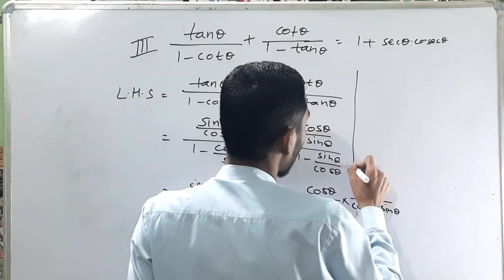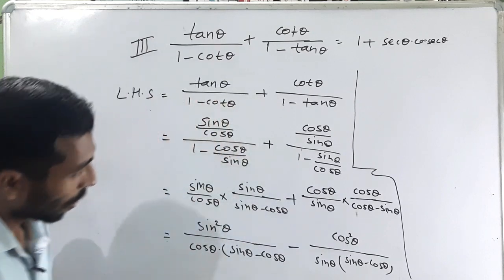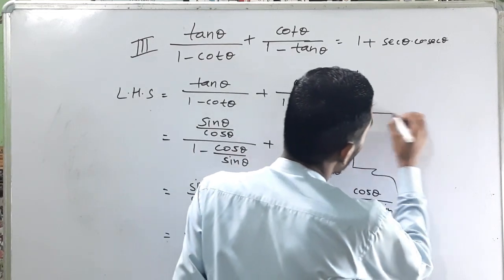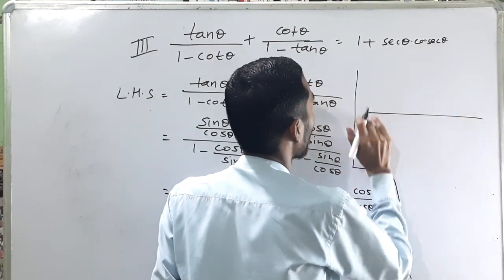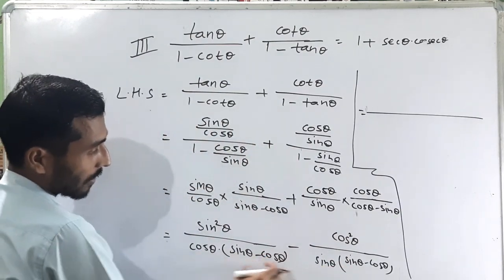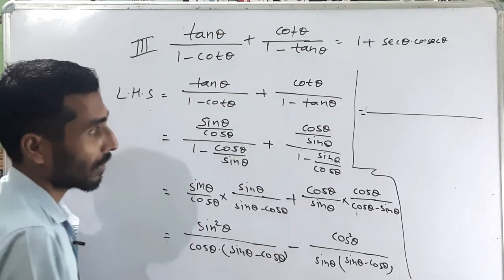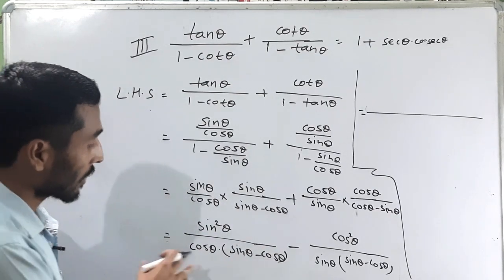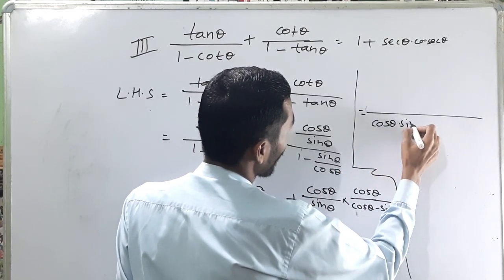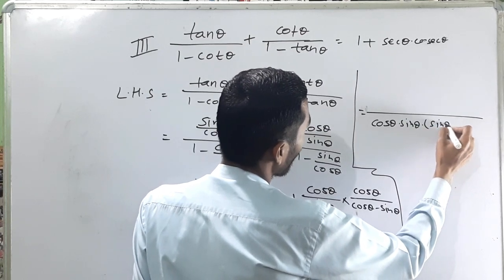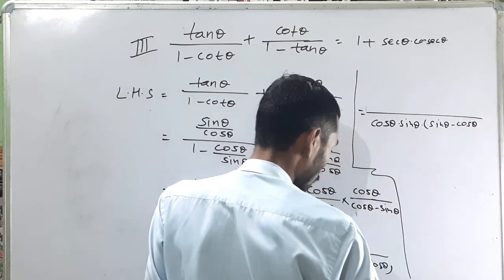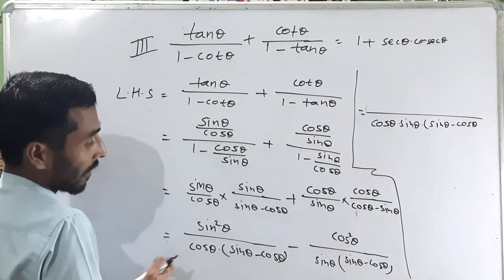In the next step, here the LCM of this one and this one: sin theta minus cos theta is common, and cos and sin are different. So after taking the LCM, we get cos theta into sin theta into sin theta minus cos theta in the denominator.